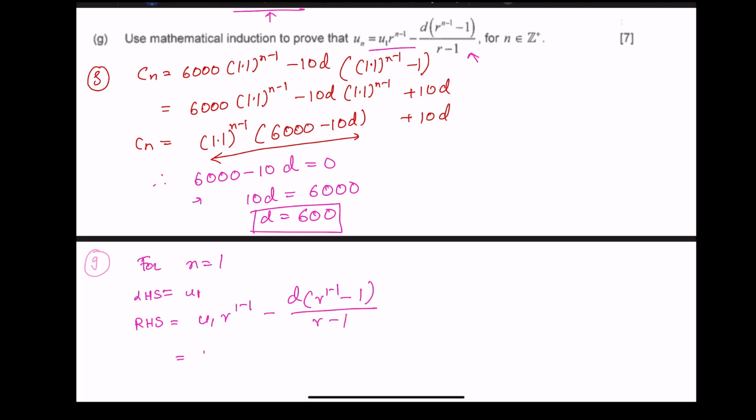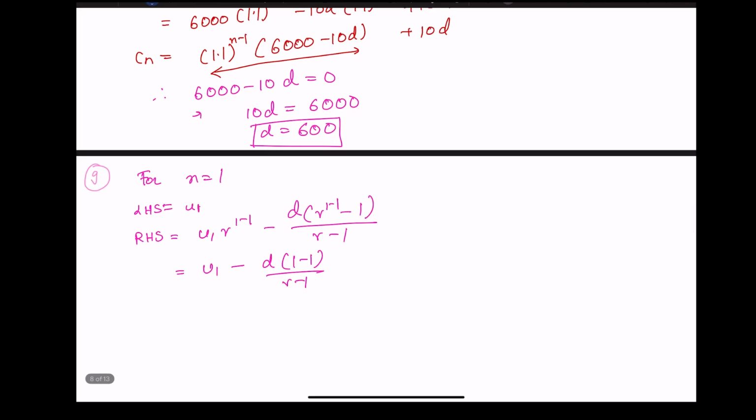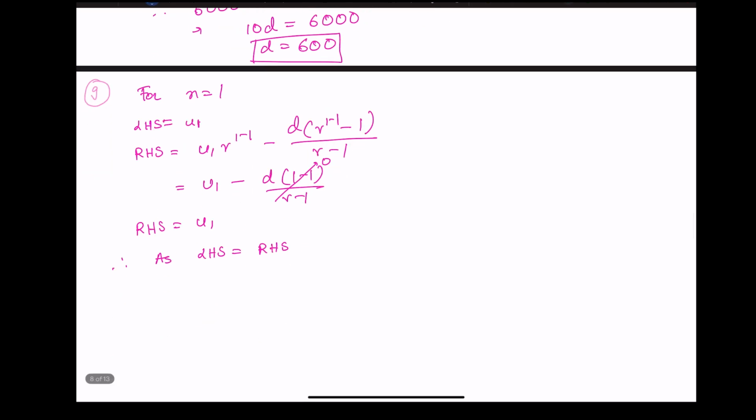So u1 r to the power 0 is u1, and r to the power 0 is 1, so 1 minus 1 divided by r minus 1 becomes 0. So RHS is also u1. As the left hand side is equal to the right hand side, the formula holds true for n equals 1.